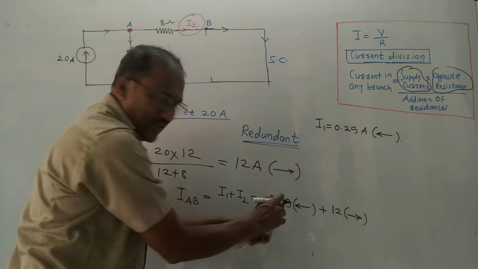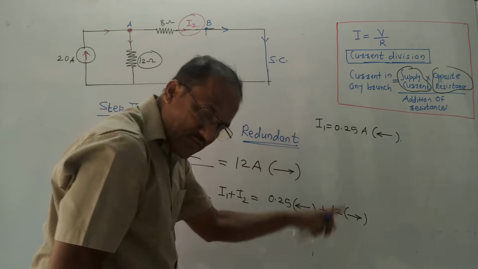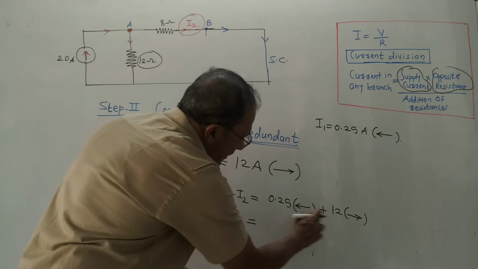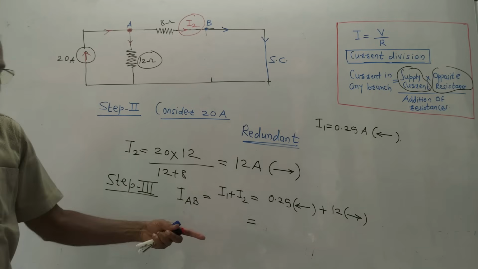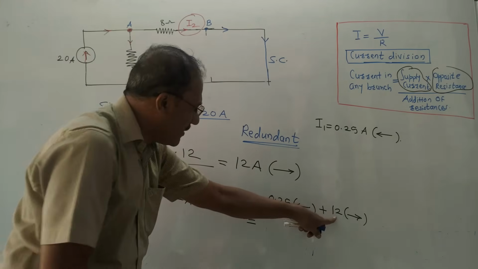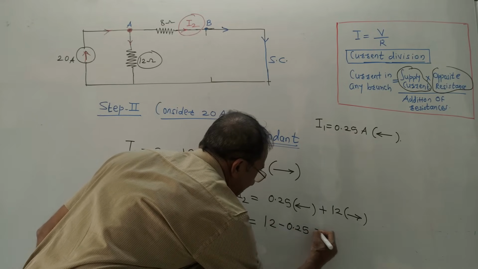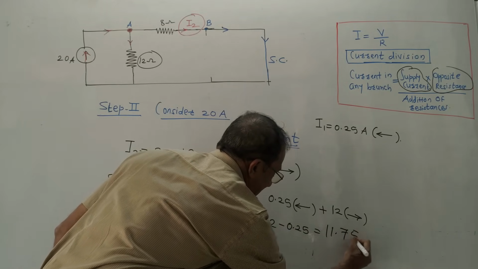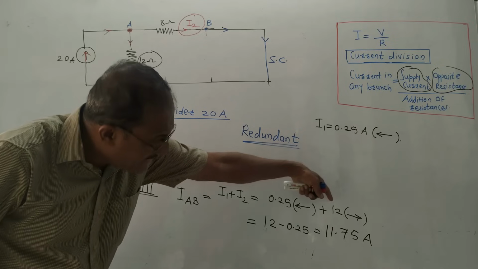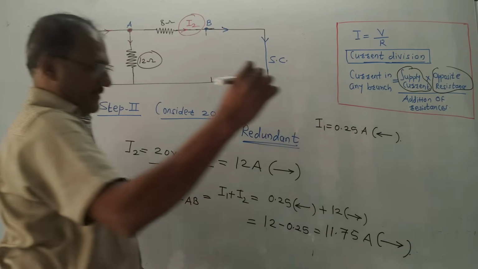One is from RHS to LHS, another is from LHS to RHS. In such cases, subtract the lower value from the higher value. What I said: if the two currents which you are adding have opposite directions, then subtract the lower value from the higher value. So the answer will be 12 minus 0.25, that is 11.75 amperes. What about direction? Give the direction of the higher source, that is 12 amperes. So the direction will be like this.